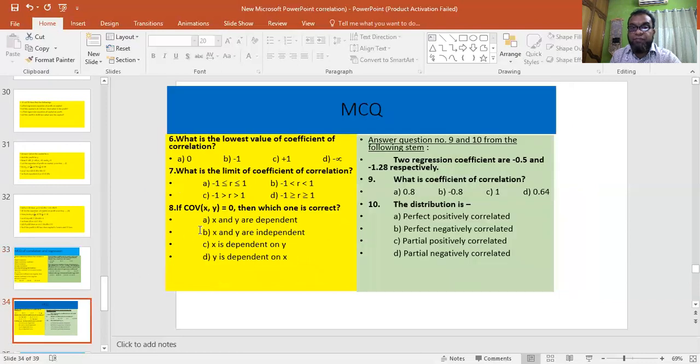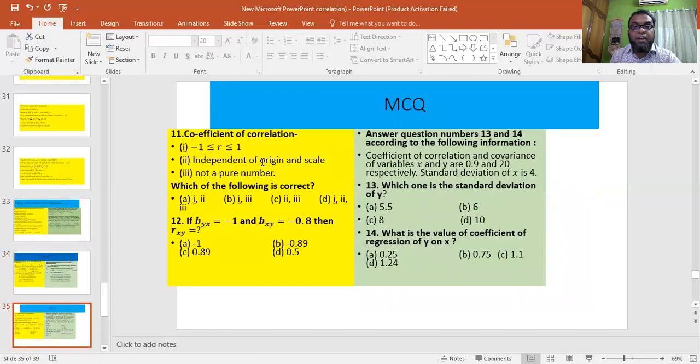Number 6, minus 1. Number 7, A. Number 8, B. Number 9, B. Number 10, D. Number 11, A. Number 12, 0.89, B. Number 13, A, 5.5.